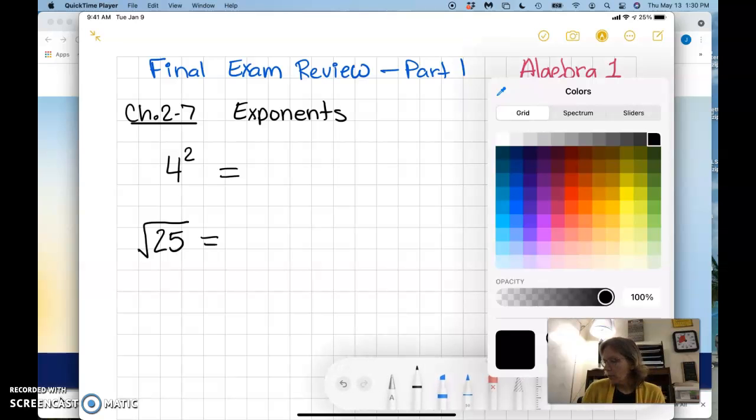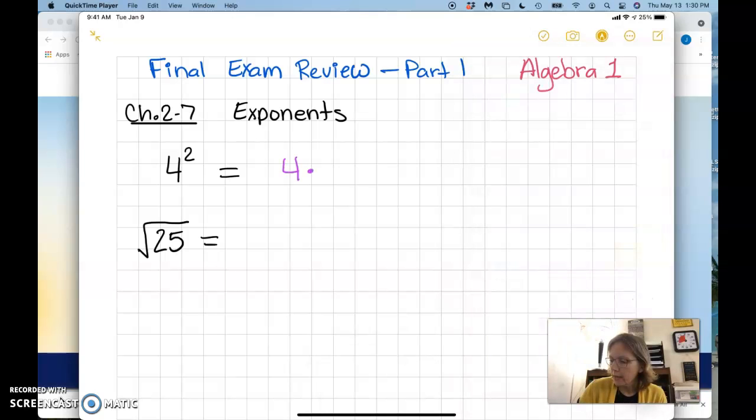So, what is 4 squared? Good. Remember, anything with an exponent means the base multiplied by itself that many times. So my base is 4, my exponent is 2, so I'm multiplying 4 times 4, which is how much? 16. And then the other one is the square root of 25.